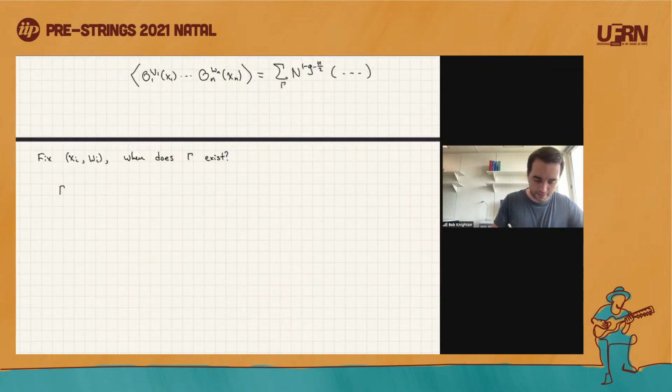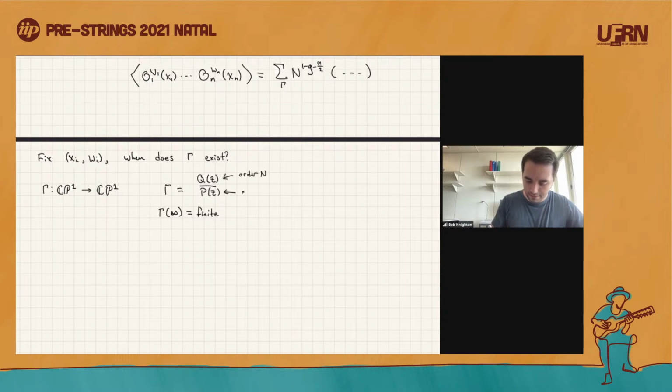And let's say we take the simplest scenario where gamma maps from the sphere to the sphere. So we're taking genus 0. Then that means that gamma can be written as a ratio of polynomials, say q over p. And if you assume that gamma is finite at infinity, so that none of those poles are at infinity, this essentially means that both of these have order n.